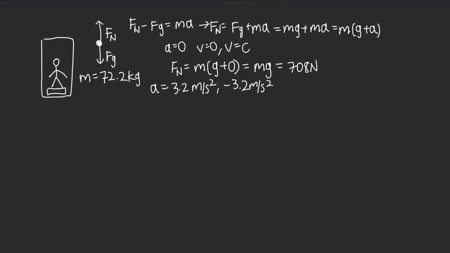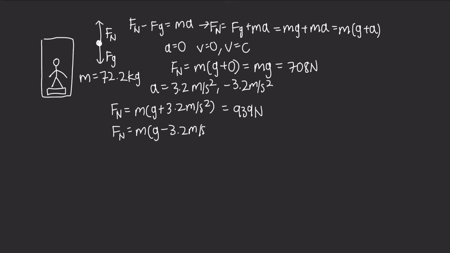For the first case, when it is accelerating upward, we have the normal force equals the mass times g plus 3.2 meters per second squared. And plugging in the values that we have, we get 939 newtons. In the second case, when the acceleration is downward, we have the same values, but this time the acceleration is a negative value, and we get 477 newtons.